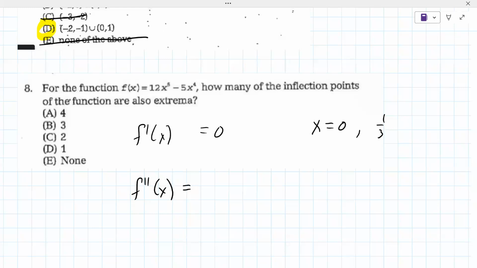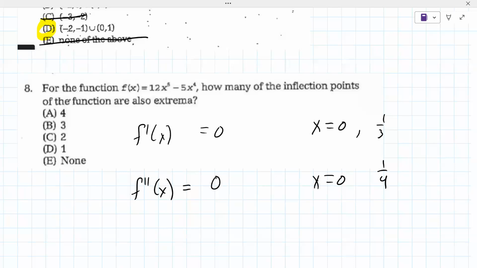So 240x cubed minus 60x squared. Okay, set that equal to 0. X equals 1/4 and 0.